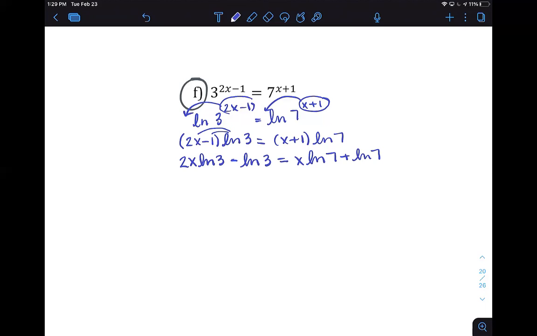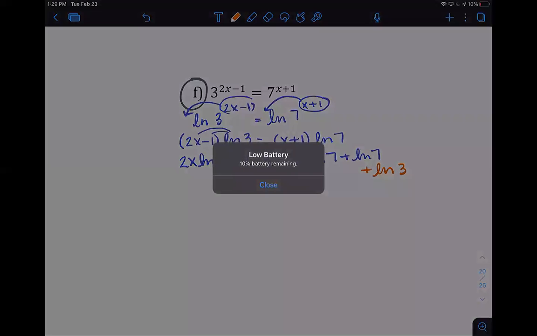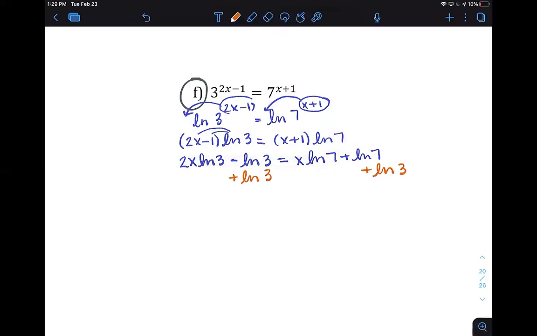All right, now we want to get the terms that have an x put together, and the ones that don't have an x put to the other side. So we're going to add this natural log of 3 to the right. And then we're going to move our x terms to the left.